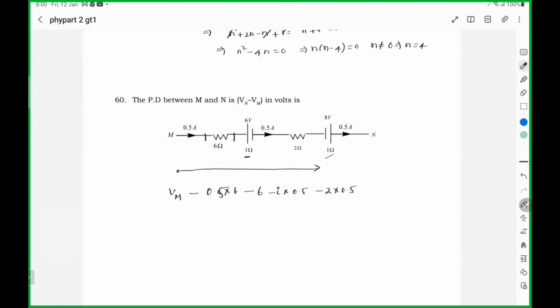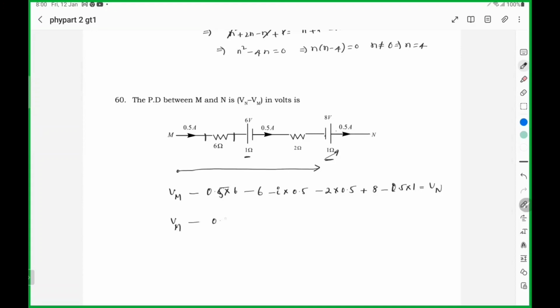From lower to higher there is a potential gain across the resistor, and the potential drop is 0.5 into 1. Finally, after all these operations, the potential at n will be Vn.